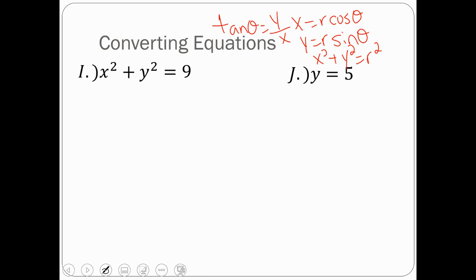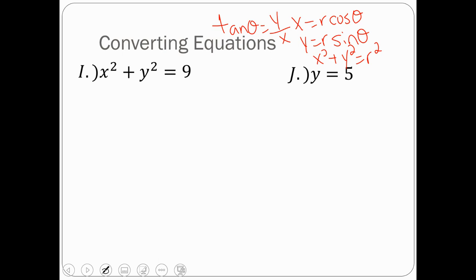So, for example, the first one where it says x squared plus y squared equals 9, we could change x into r cosine theta. We could change y into r sine theta. But then I should back up a step. Our goal is to get these into the equation r equals everything else. If I have r squared cosine squared theta plus r squared sine squared theta equals 9, that's a lot of trying to get r's all by themselves and a lot of stuff going on.